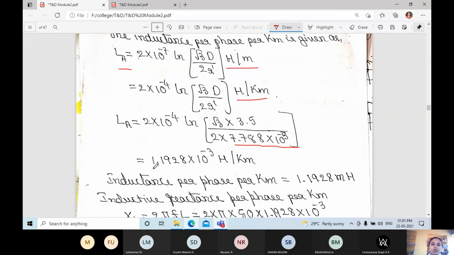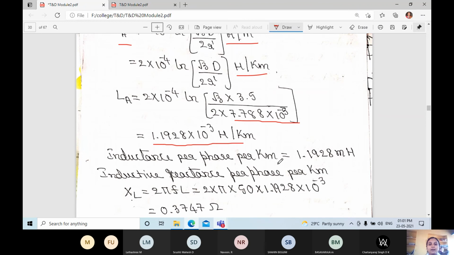After substituting the value, you will get 1.1928 into 10 to the power of minus 3 Henry per kilometer. Inductance per phase per kilometer, we got 1.1928 millihenry.